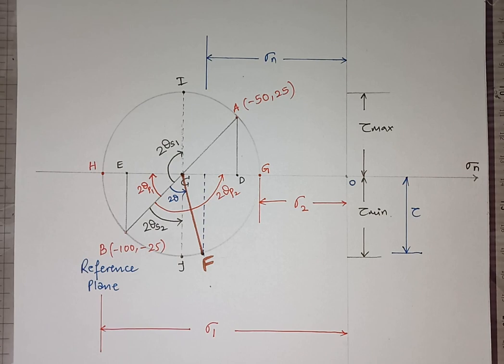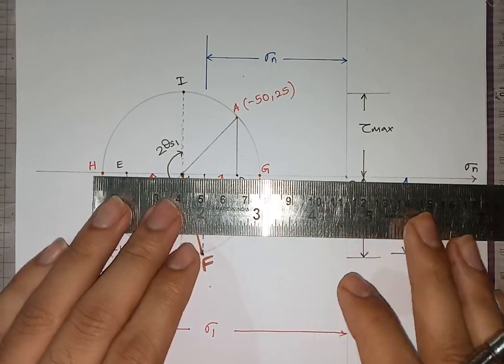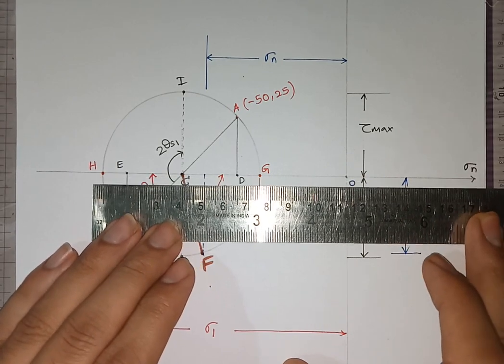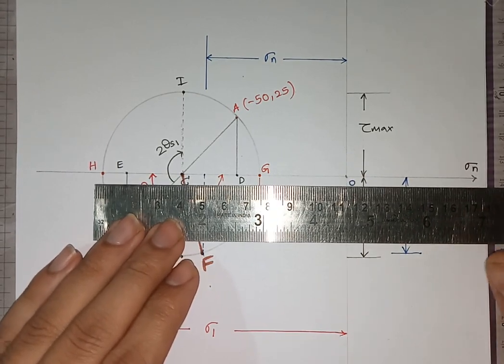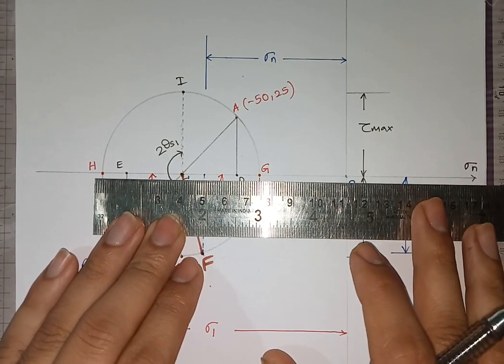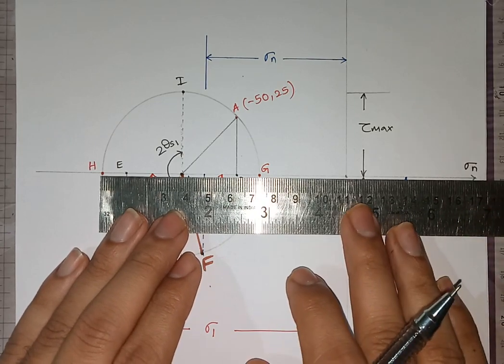Now let us measure sigma 1 and sigma 2. So sigma 1 is coming out to be, let me check out what is the value of sigma 1.